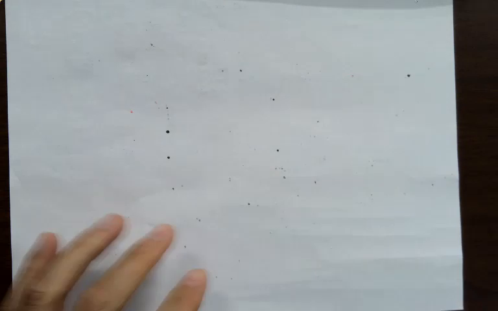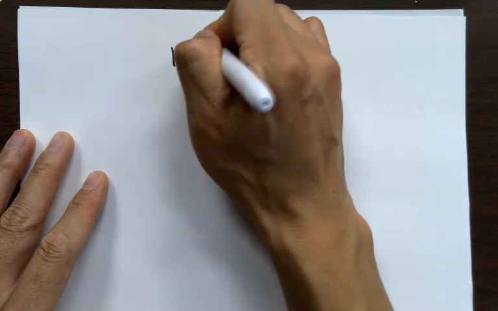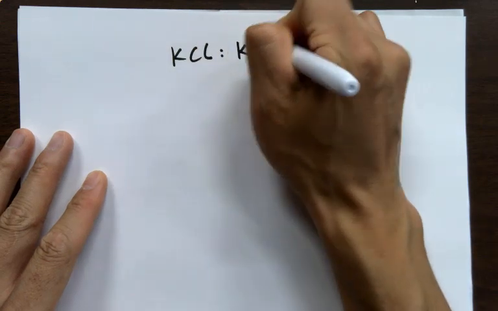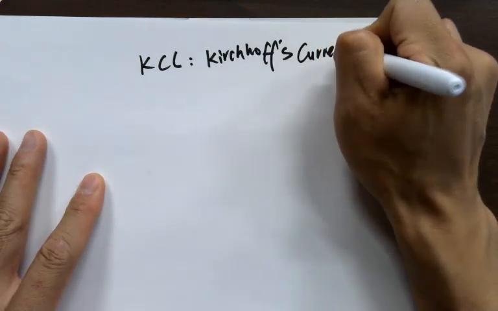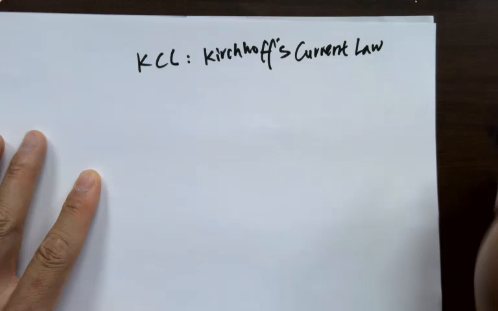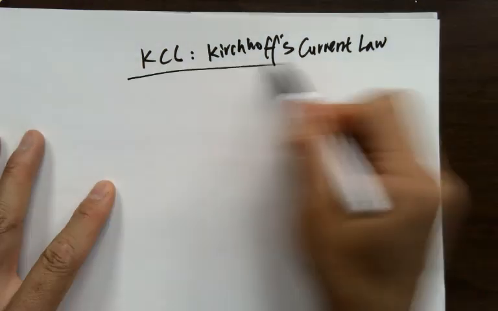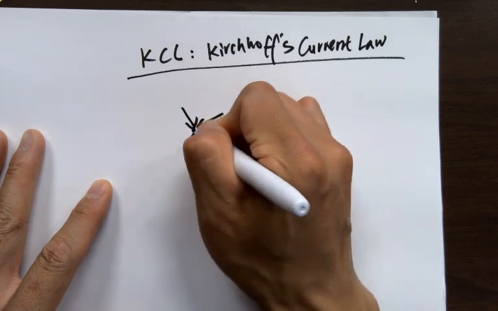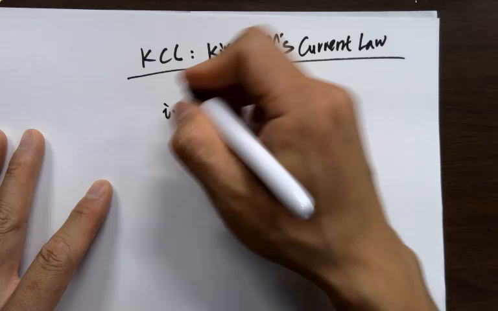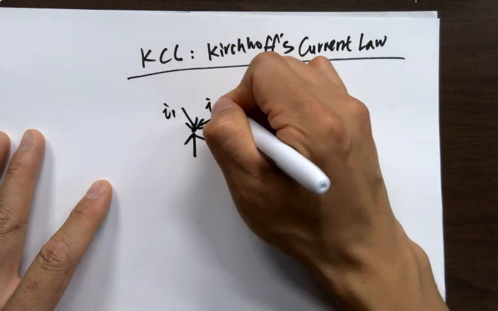Tutorial 2. It's already posted, right? You can start working on it if you want. KCL, Kirchhoff's current law, which says the summation of all the currents flowing into the node is 0.